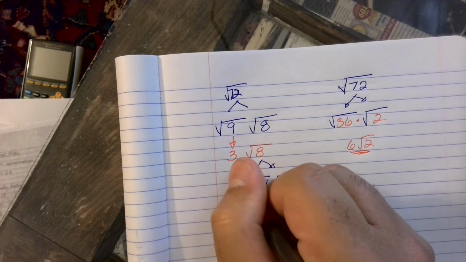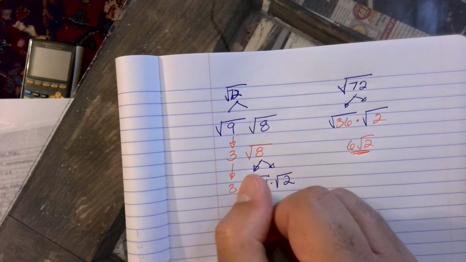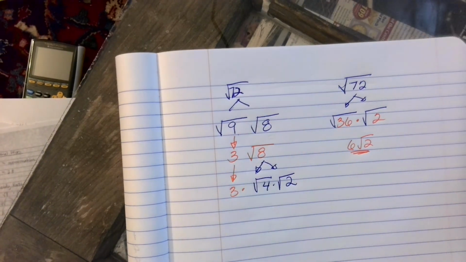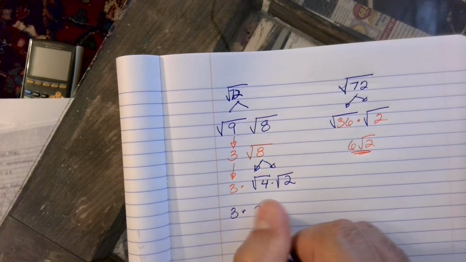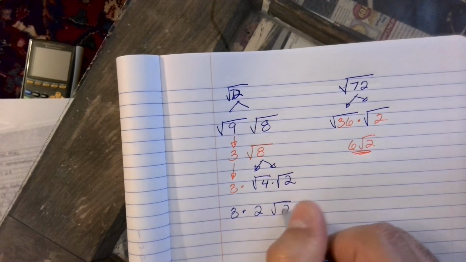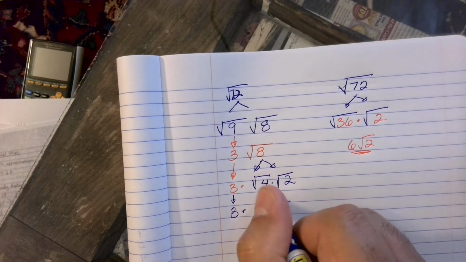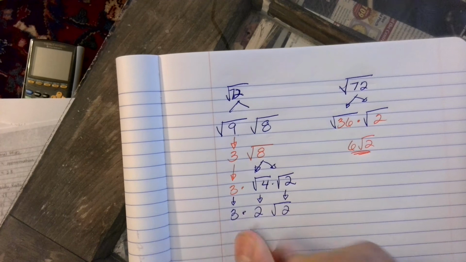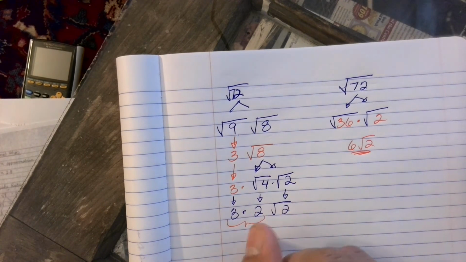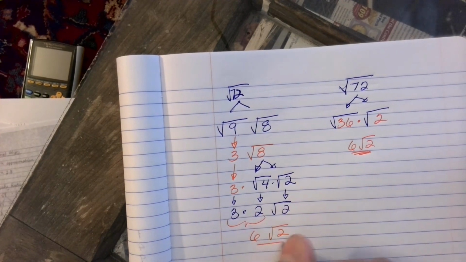So really what we have is 3 times radical 4 times radical 2, which is 3 times 2 radical 2, right? 3 comes down, square root of 4 is 2, and radical 2 can't be simplified. So I'm left with 6 rad 2.